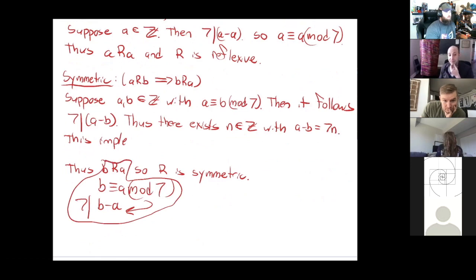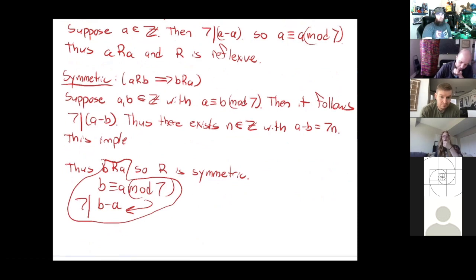That relation is defined by saying they're congruent mod 7, and the definition of being congruent mod 7 is that 7 should therefore divide the difference. So all we're trying to do is work backwards from this. Let's prove this, which is going to imply that, which is going to imply that.